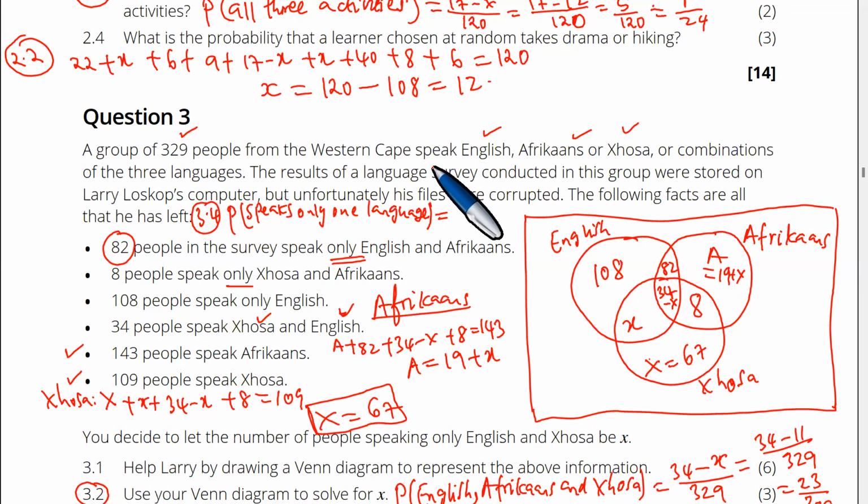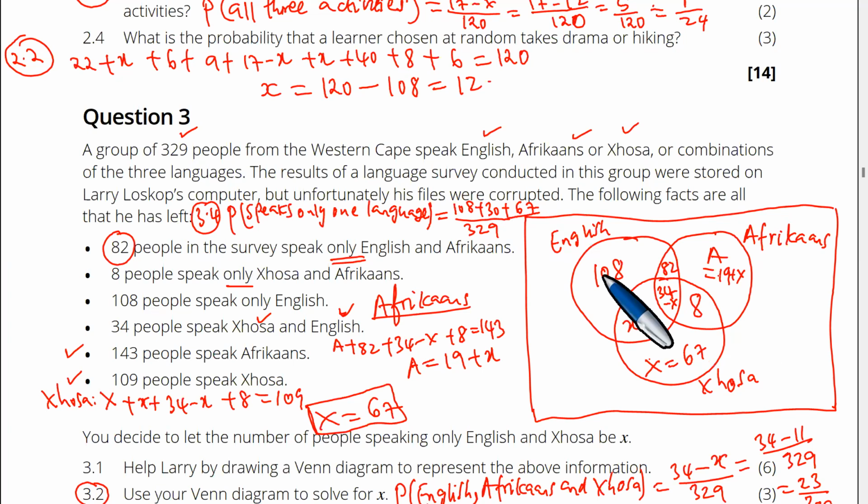So you add the 108. We got x to be 11, so you add 11 and 19, which is 30. You also consider 67. Divide by 329.